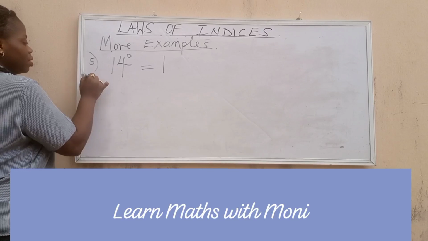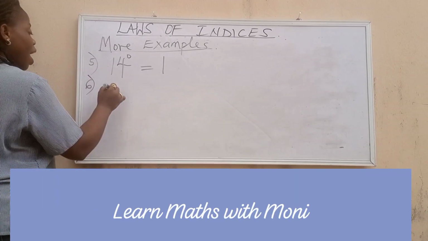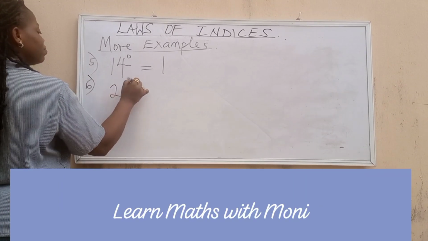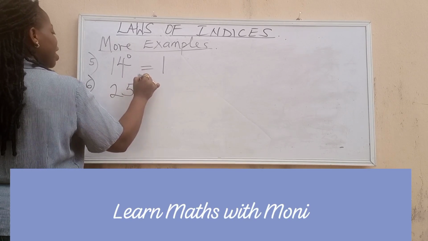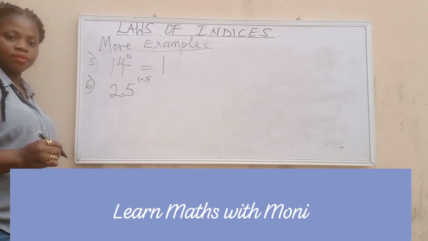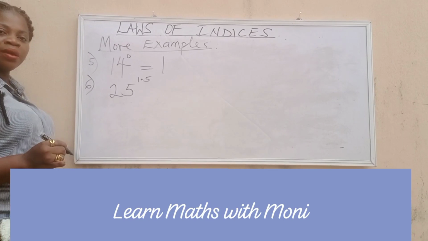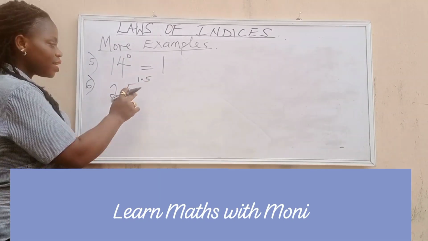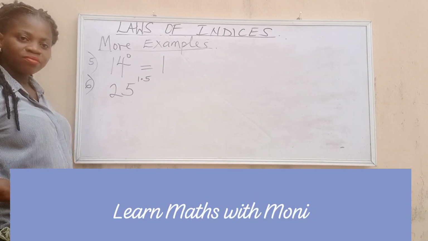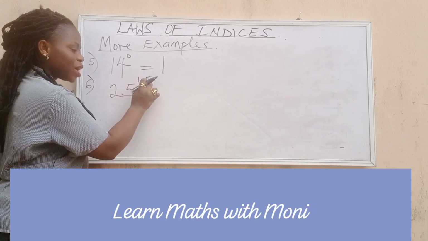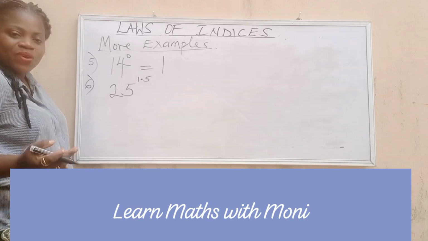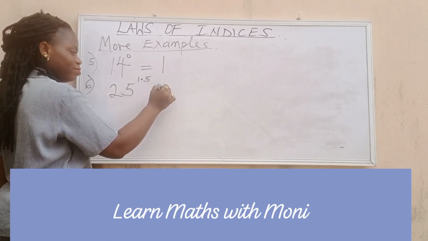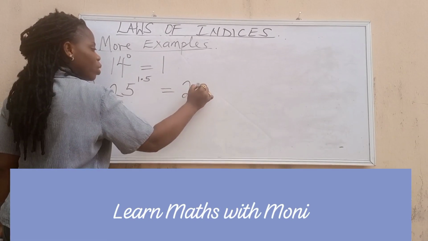Number 6, I have 25 raised to power 1.5. Yes, I believe you still remember that this is a decimal fraction. Because it is a fraction, that makes it a fractional index. This is 25.